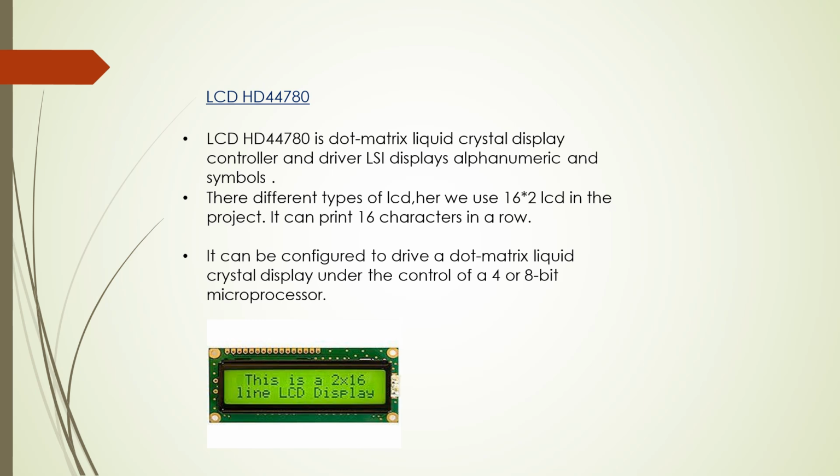The major function of an LCD is to display alphanumeric characters, symbols and more. There are different types of LCD. Here we use a 16 by 2 LCD in the project. It can print 16 characters in a row. It can be configured to drive a dot matrix liquid crystal display under the control of a 4 or 8-bit microprocessor.